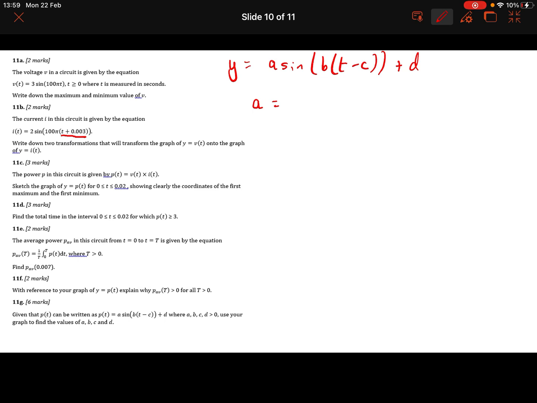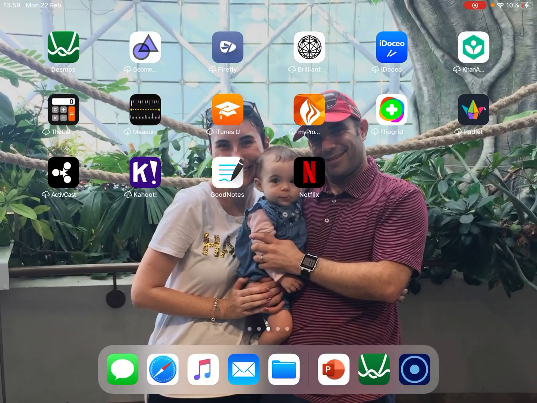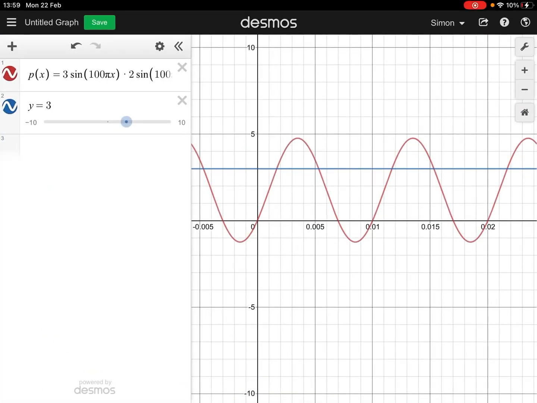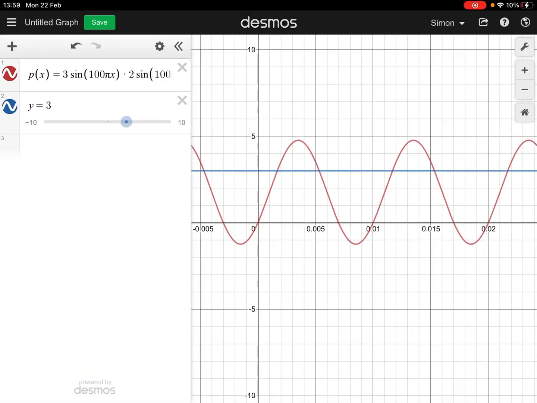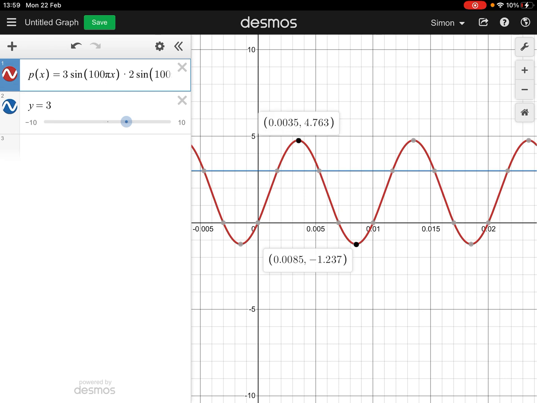Okay, so what's my maximum value here? It's 4.763. So 4.763. And then my minimum is minus 1.237. So we're going to do minus 1.237.